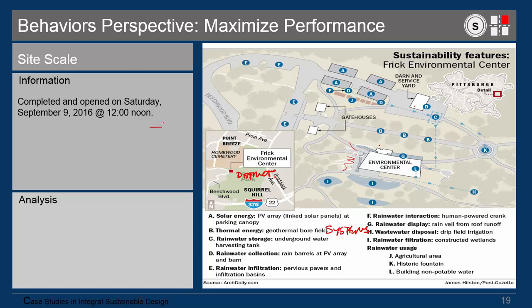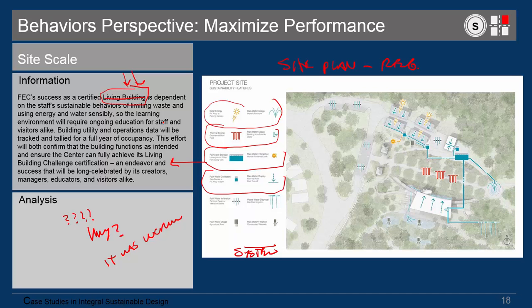So you really need to think about your performance level: how much energy did it save? How much water did it save? This is more about how much. When you talk about performance, this is really a systems diagram showing, I don't know what that says. That says rainwater interaction. Oh, I see. So rainwater is moving through this to these guys probably.